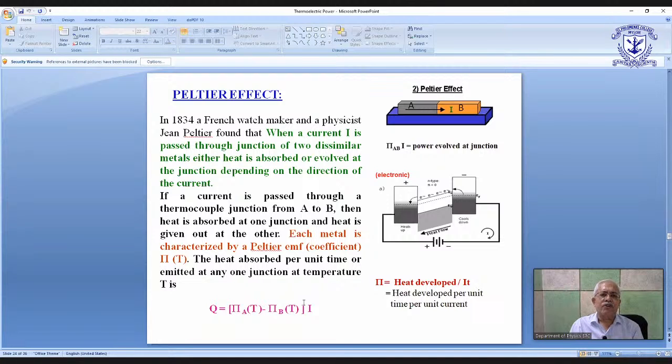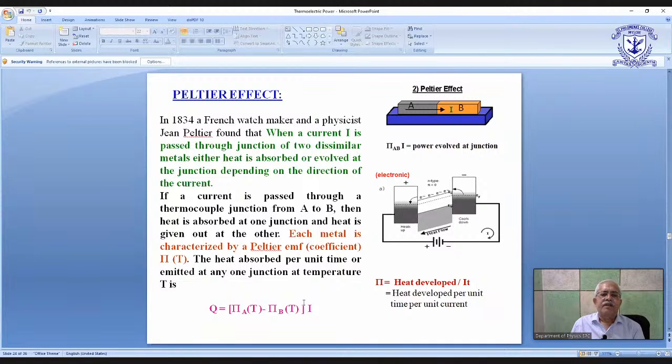In 1834, a physicist by name Jean Peltier, who was also, it seems, a watchmaker, found that when a current is passed through a junction of two dissimilar metals, take two dissimilar metals, make a thermocouple out of it, so it will have a junction, and if we pass a current through such a device, then it is seen that either heat is absorbed or heat is given out at the junction depending on the direction of the current.